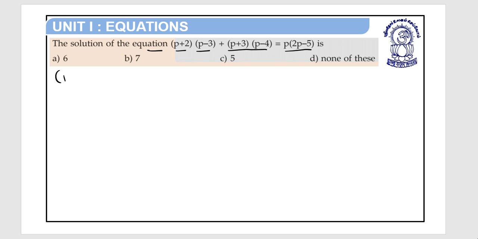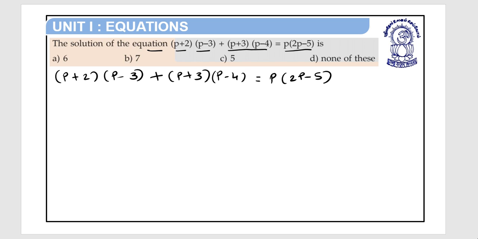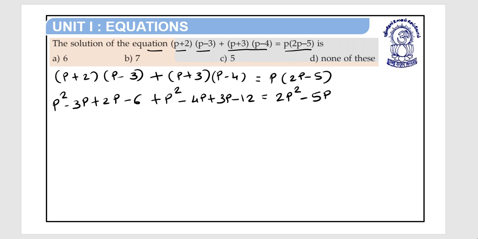Expanding: p square minus 3p plus 2p minus 6 plus p square minus 4p plus 3p minus 12 is equal to 2p square minus 5p.